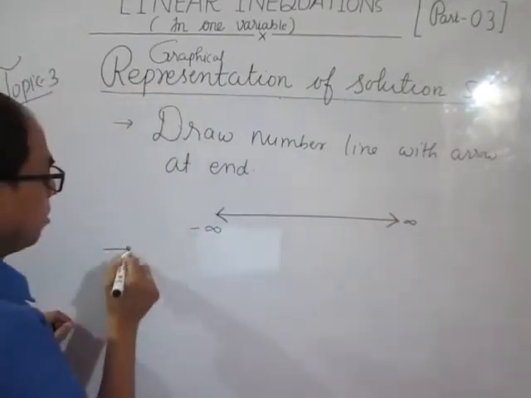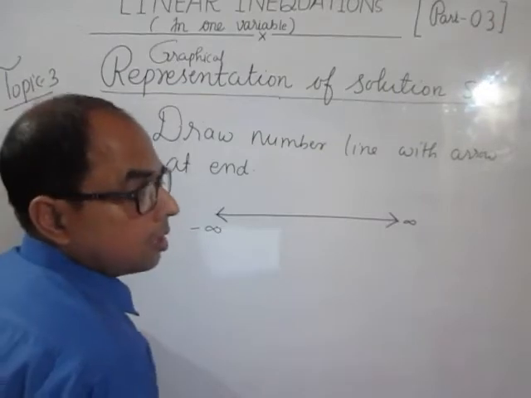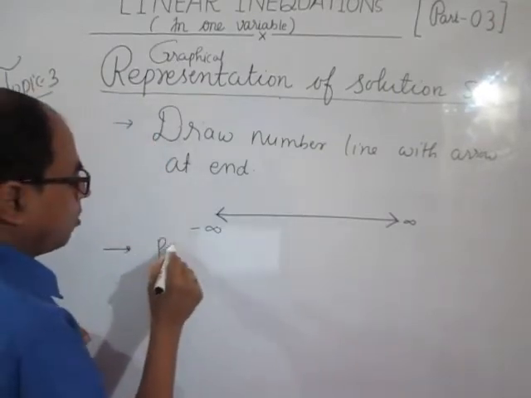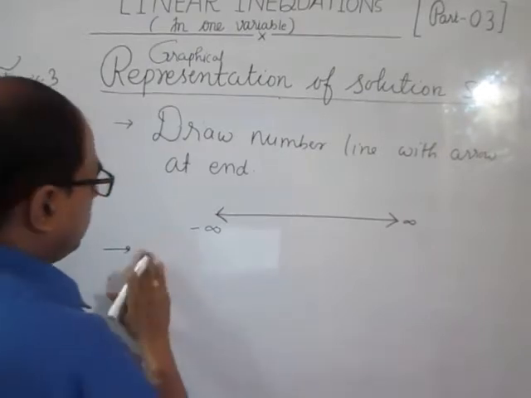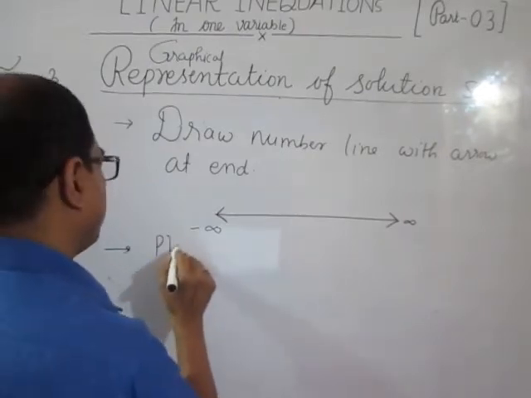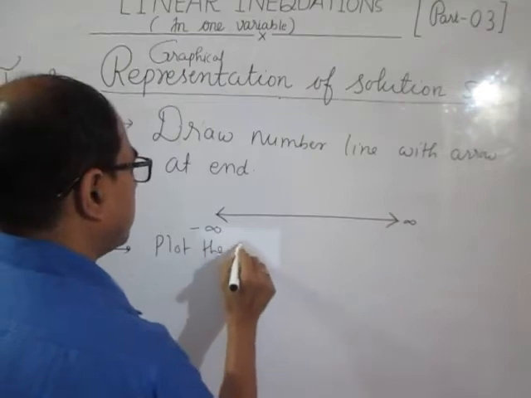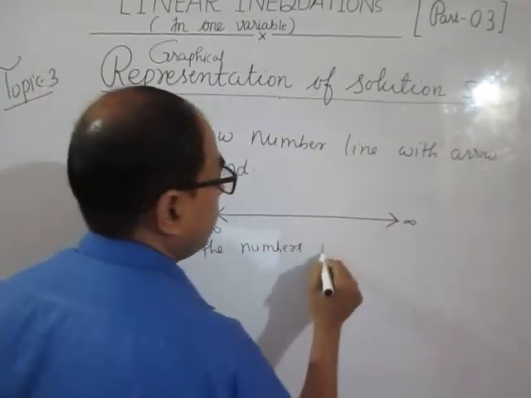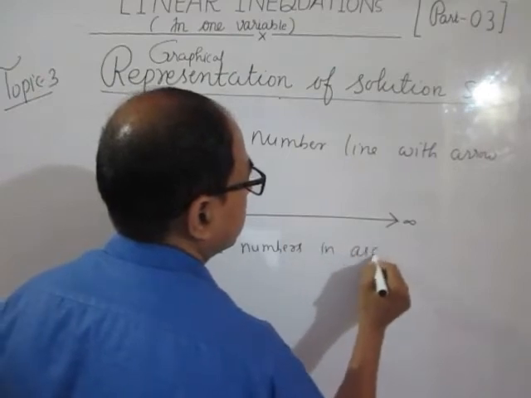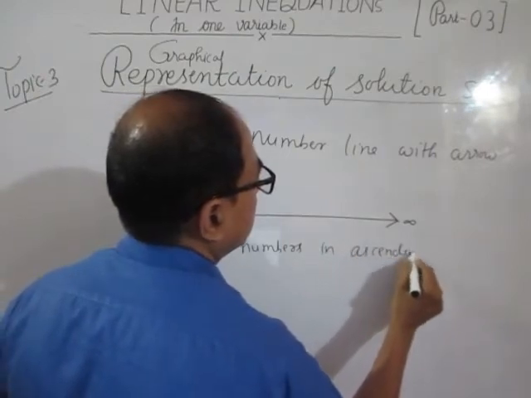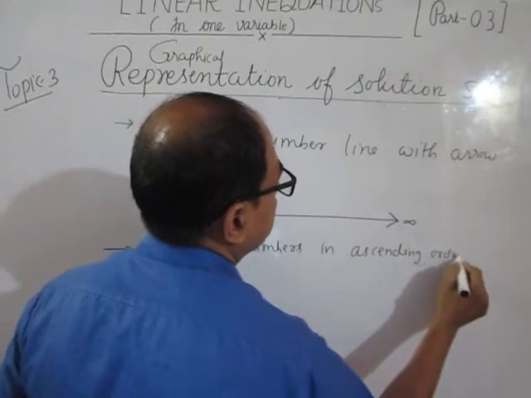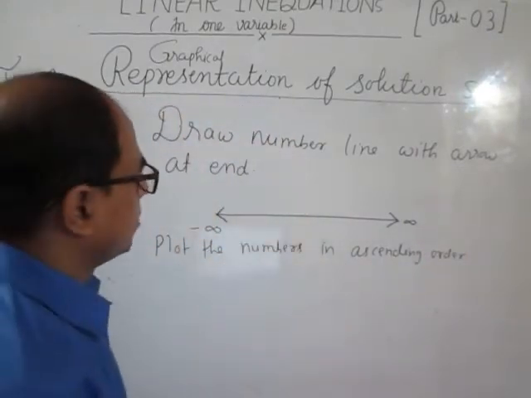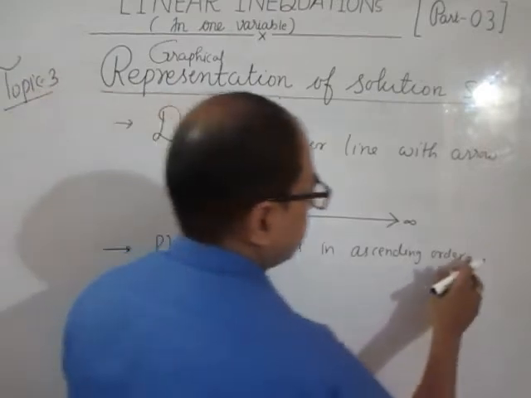Then you know that on the number line, numbers are plotted in ascending order. So plot the numbers in ascending order, from left to right.